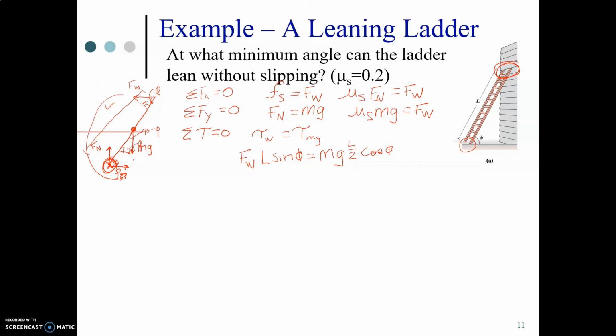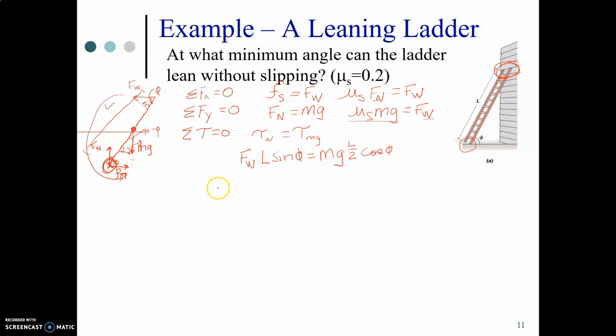All right, great. So now I have an equation that I can't do anything with yet, except maybe cancel those L's. But if I could get the force of the wall in terms of mg, then I could just cancel those. So let's do that. Force of the wall is equal to the coefficient of static friction times mg.